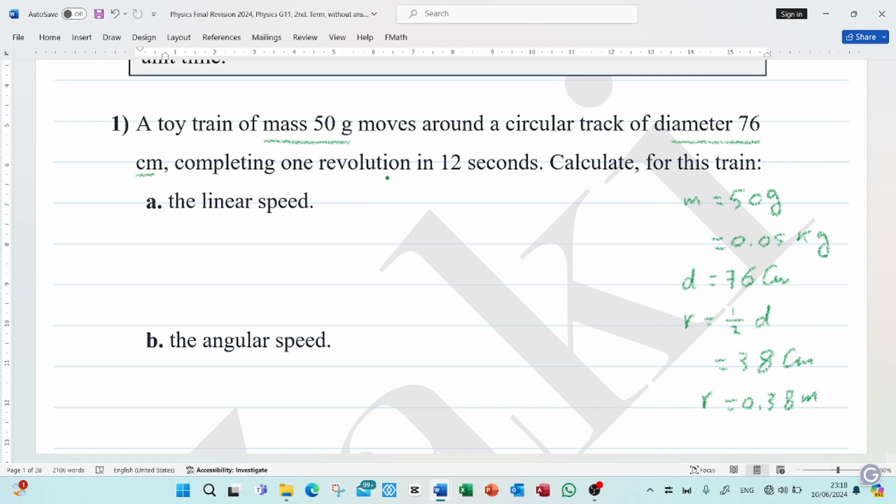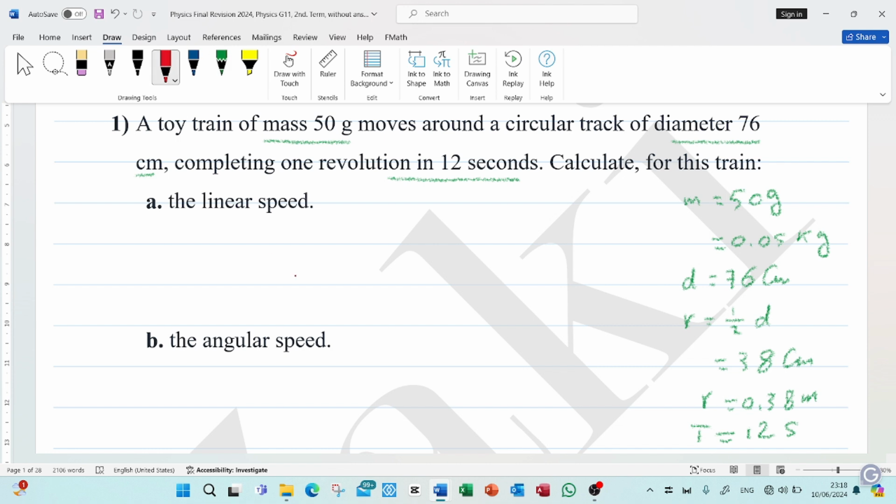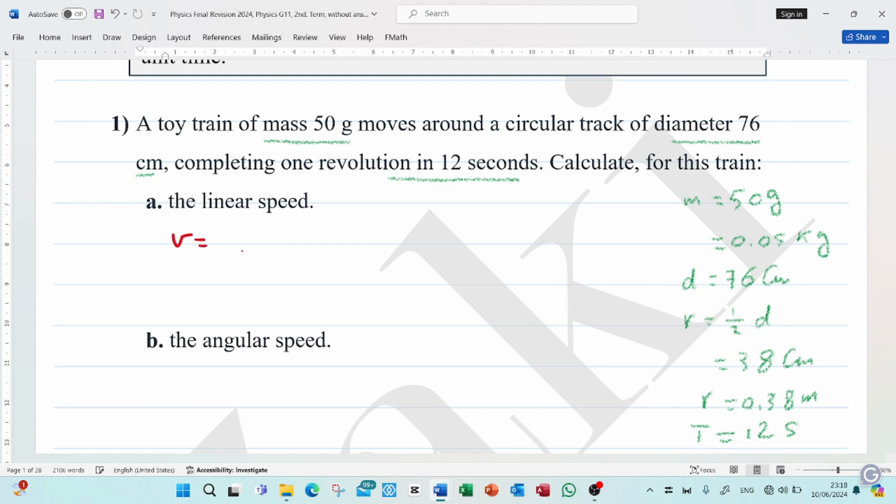Completing one revolution in 12 seconds. This is the time period, the time of one revolution, 12 seconds. Calculate the linear speed. The formula for linear speed is not in the formula sheet. The linear speed, denoted by V, equals the distance over time. The distance is the circumference because it is one revolution, so it's 2πR, divided by the time of one revolution, which is the time period.